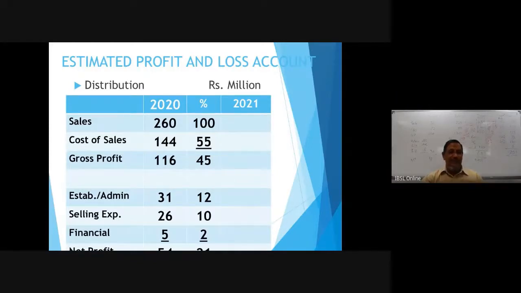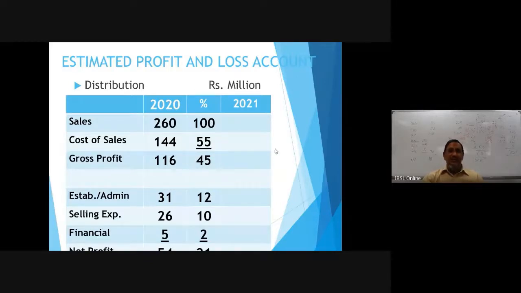Net profit 21%. Now, if you add these figures, you get this gross profit here, right? Then you add cost of sales and these items, it will equal 100, which is equal to sales. Okay, right. Now these are the figures.